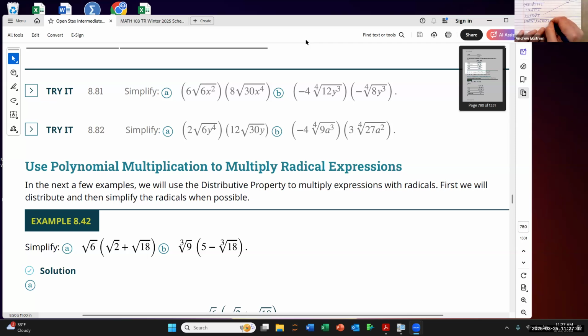So again, take everything, multiply the numbers that are outside of the root. Because these are both fourth roots, I can say fourth root of 9 times 27 times a cubed times a squared.